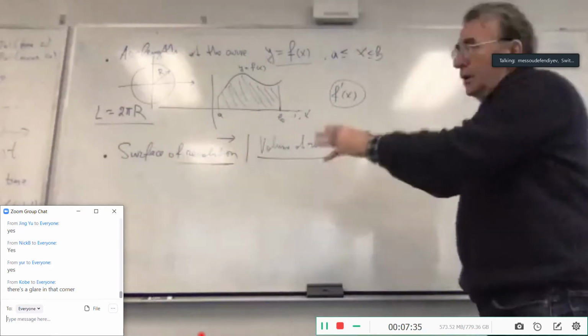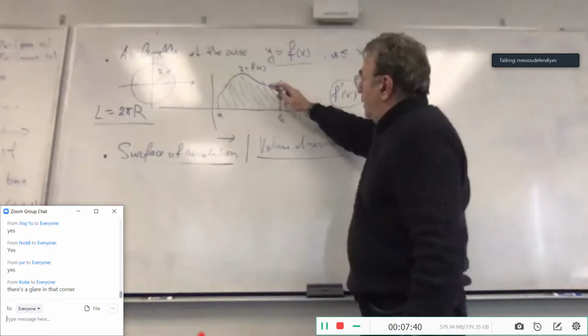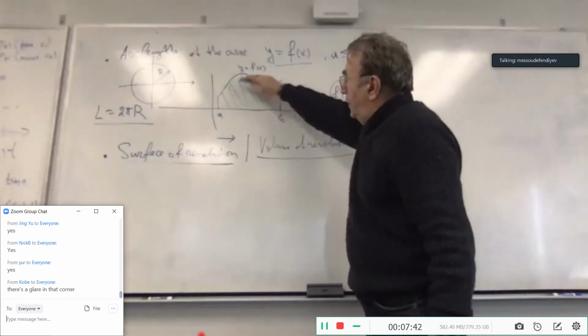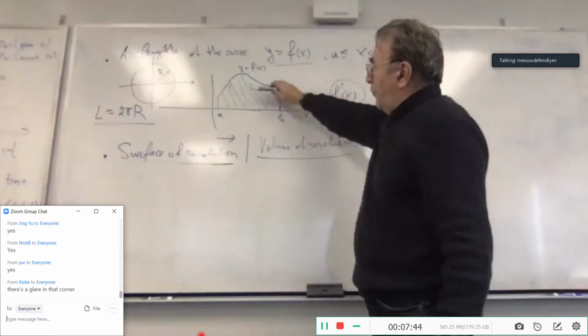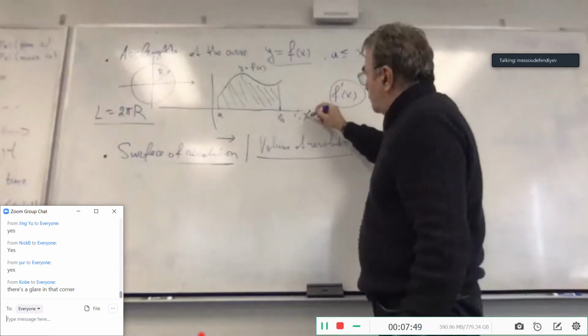When we are saying the volume of revolution, we are considering the area under this graph, y is equal to f of x, around the x-axis.